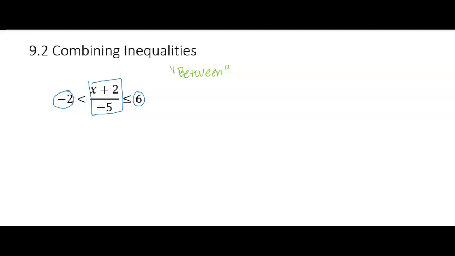Now normally, when you multiply everything by the denominator, you have a left side and a right side to multiply. But here we don't just have a left side where we have to multiply by -5 and a right side where we have to multiply by -5. There's also a middle that we have to multiply by -5 as well.